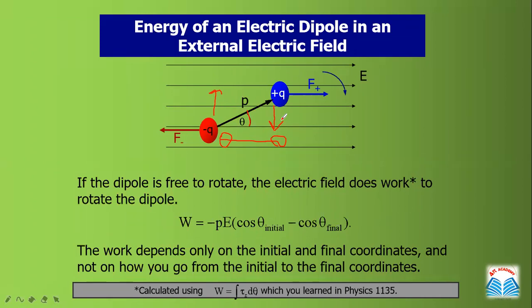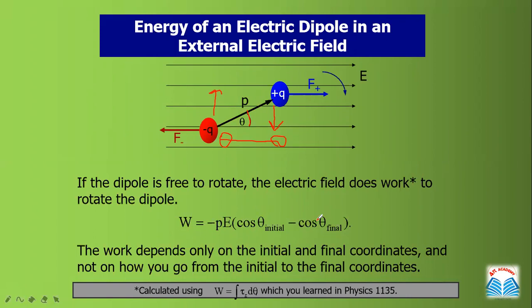If the dipole is free to rotate, we rotate it, and the total work done will be W equals minus pE cos theta initial minus cos theta final.